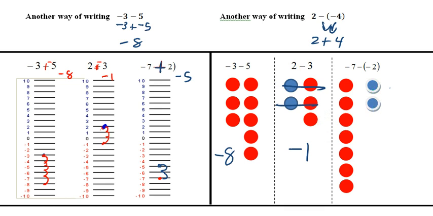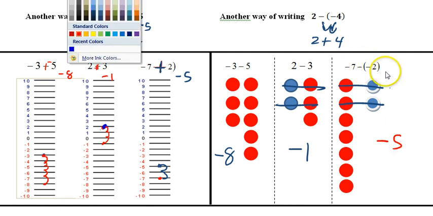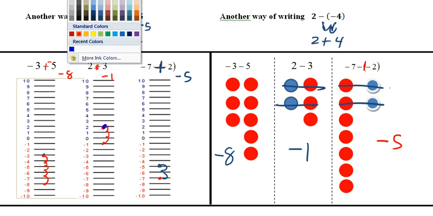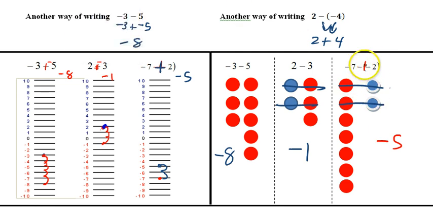And then now we know that that one cancels, and you end up with -5. So anytime you see subtracting a negative number, that's going to change into a plus. And what we have is -7 plus 2, which gives us -5. Okay? So again, minus a negative, change it to a plus.